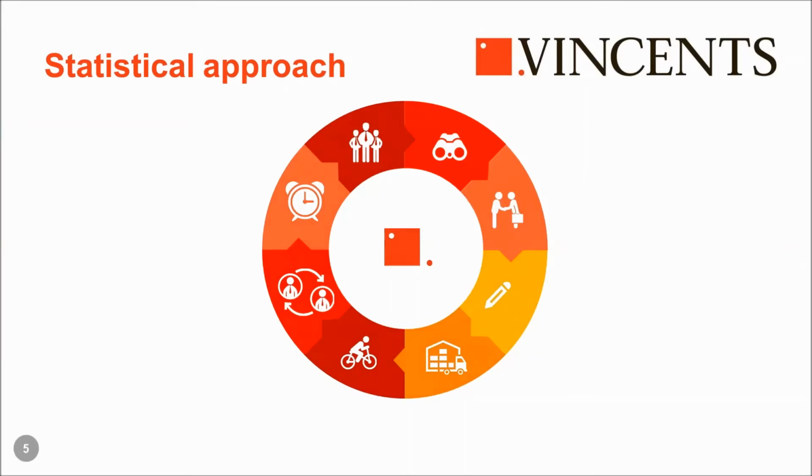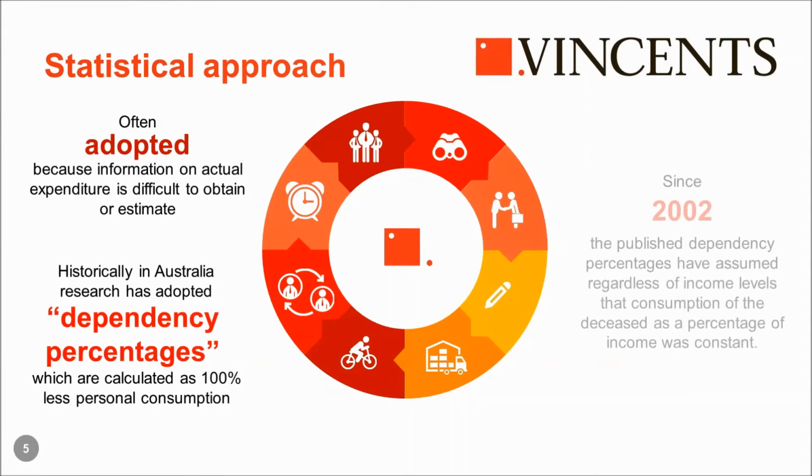Now, since 2002, the percentages that have been in Professor Luntz's book were actually prepared by an actuarial firm in Melbourne called Cumpston Sargent. And essentially what they did was they used some very broad expenditure groups, and then they assumed that throughout each income level people would consume essentially the same percentage no matter what the income level happened to be.